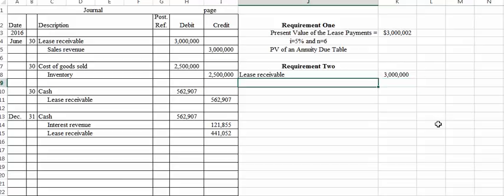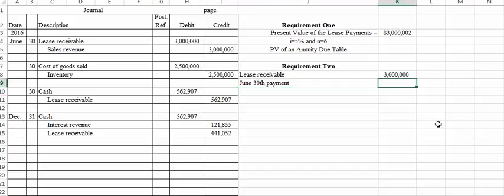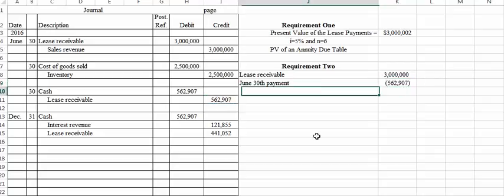And then you had the June 30th payment. The reduction to lease receivable there was for the full amount of the payment because no time had passed for interest to build up.